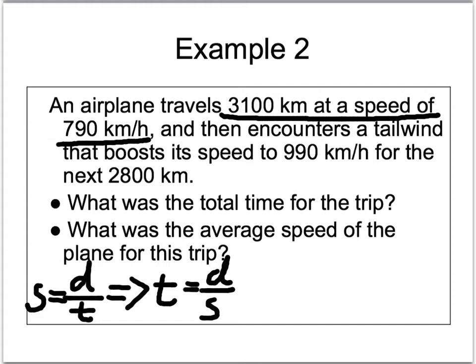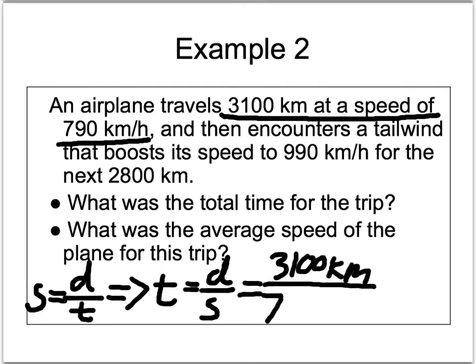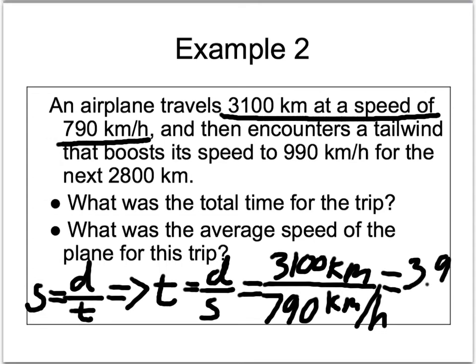Alright, and now let's sub in. 3,100 kilometers divided by 790 kilometers per hour. For convenience, I'm going to round to the nearest tenth here. When I divide that out, I get 3.9 hours. Might want to confirm my math there.